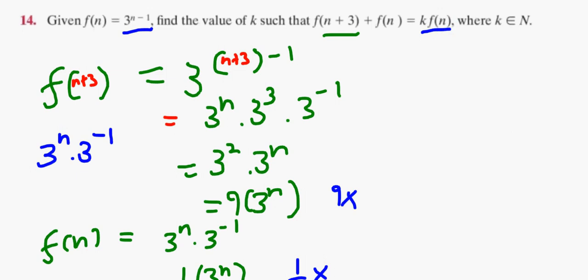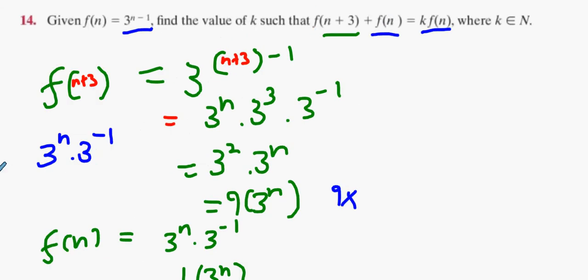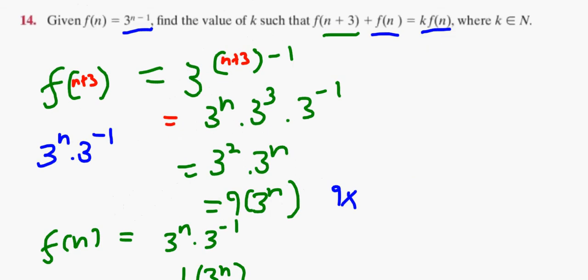Alright, guys. Now, Mr. McDonald's right. What we have to do next is we do 3 to the power of 3n. Then we add our answer for Fn, which is 1/3 3 to the power of n. And it equals k times Fn. And Fn is what we have here.